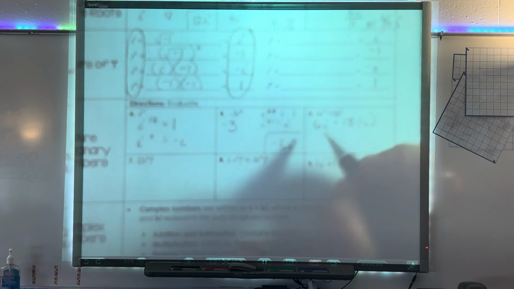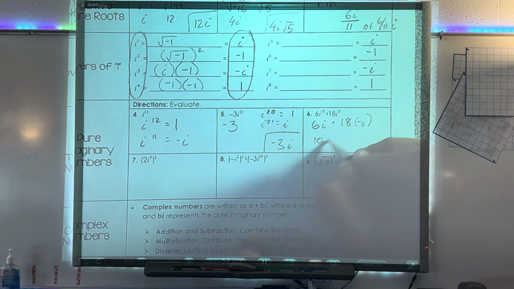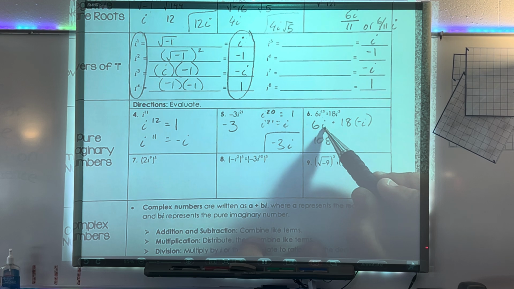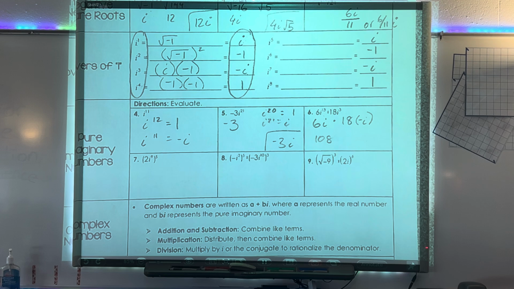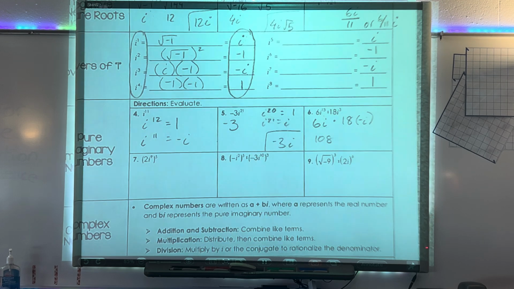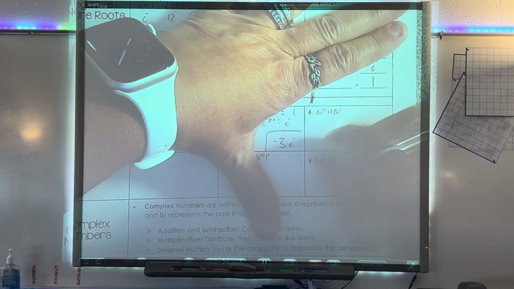Then 6 times 18. There's probably another way we could have done that a little easier. 108. Okay, so 6 times 18 is 108, and then I have i times a negative. You know what, let's not do it that way. Sorry, my fault. Are you going to add the i's, like 13 plus 3? Yeah, that's probably an easier way to do it.